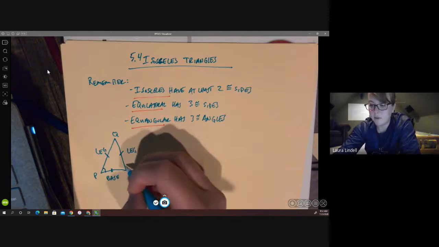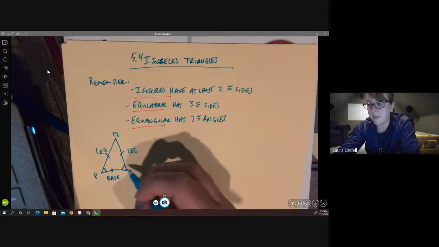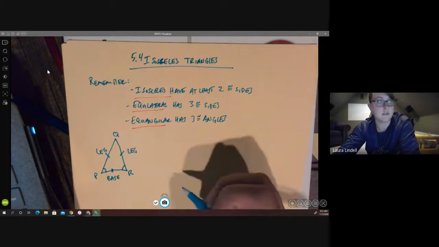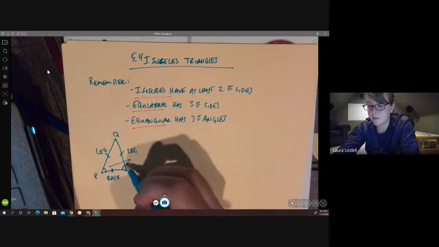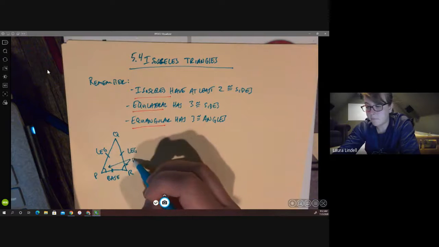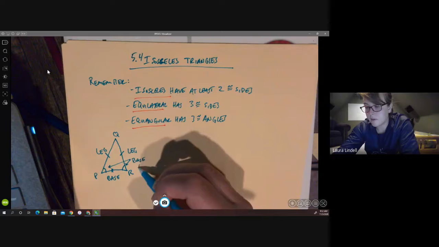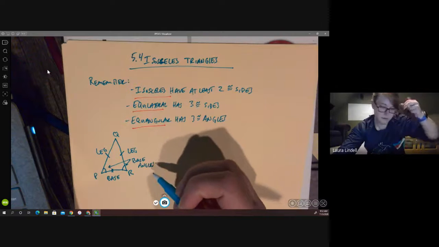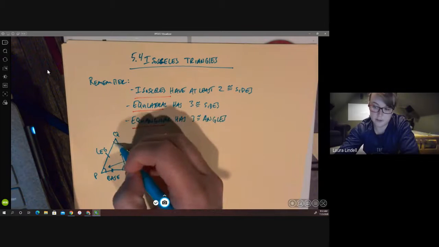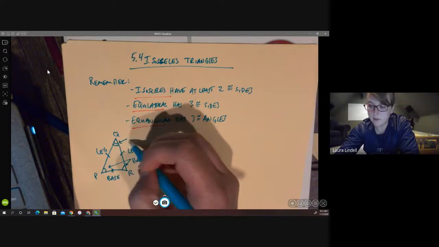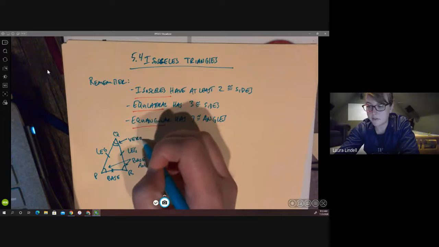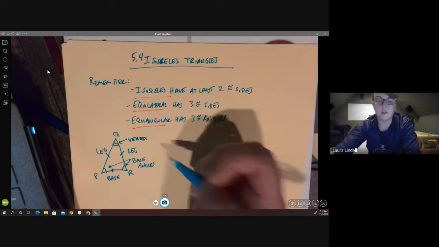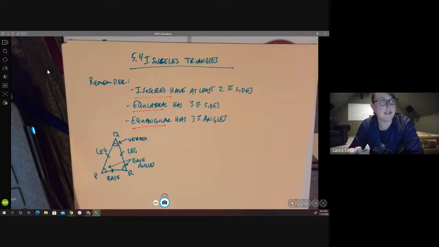And then these 2 angles are called the base angles because they're the angles that are connected to the base. And then this angle up here is the vertex. So the angle that's different, that's not attached to the base, is called the vertex.